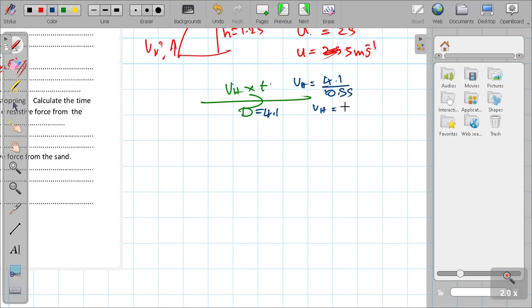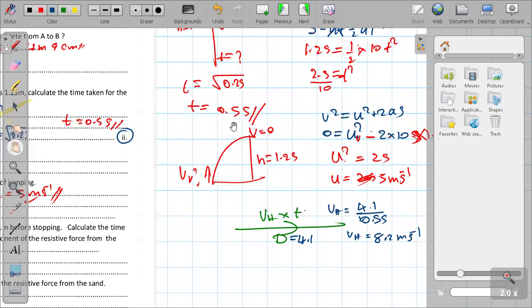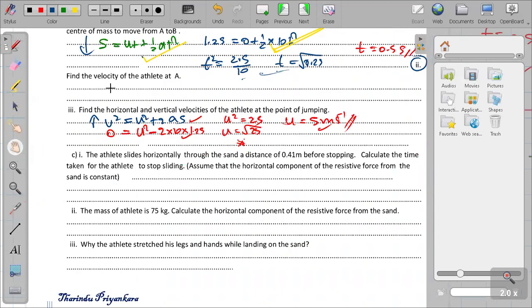Horizontal velocity is 8.2 ms minus 1. For the previous one, horizontal equals 4.1 meter divided by 0.5 seconds. The horizontal is 8.2 ms minus 1. Okay. Right.